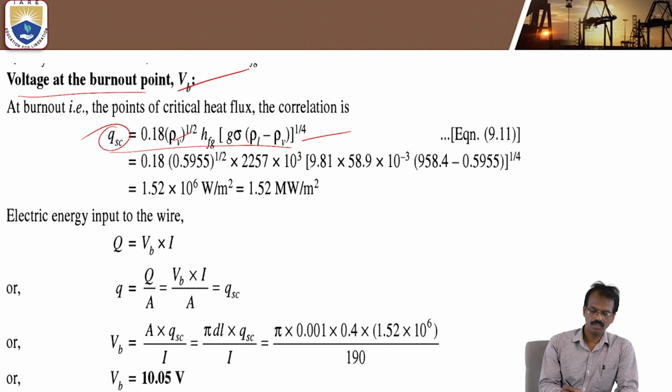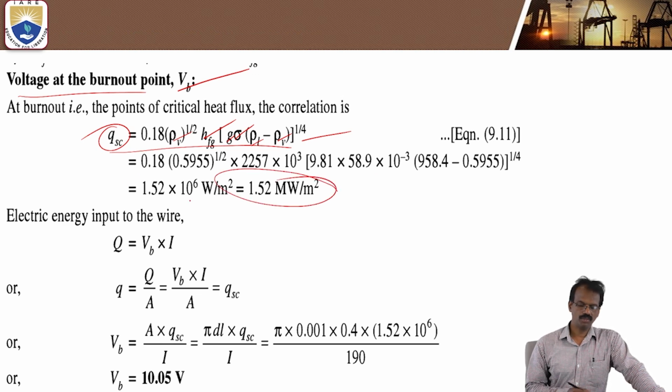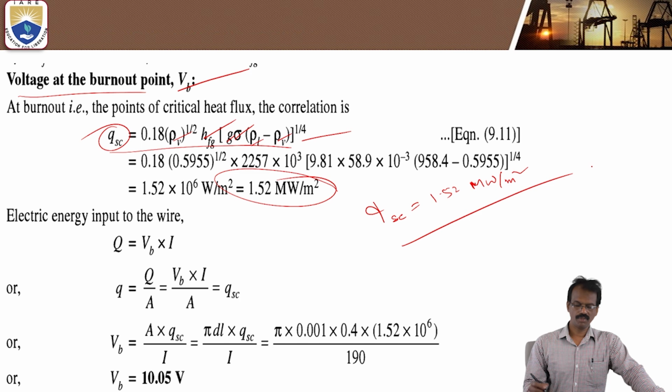Here you know rho v, HFG, G and surface tension, so you can substitute all the values taken from the data book. Then we will get the critical heat flux, Q critical, equal to 1.52 megawatts per meter square. So this is the value.